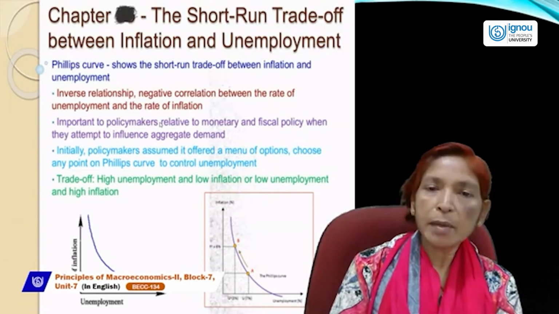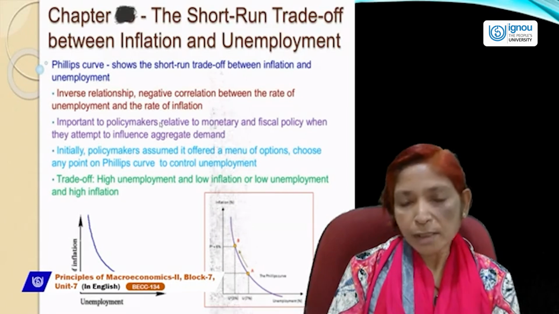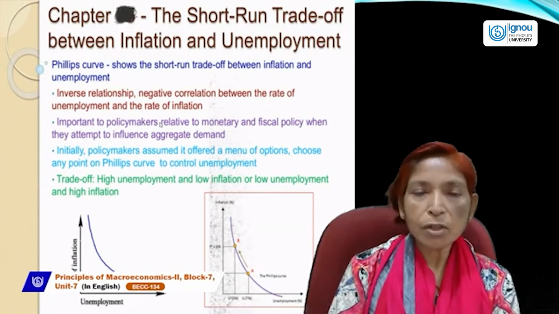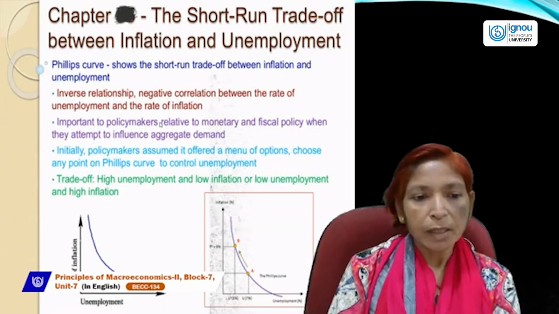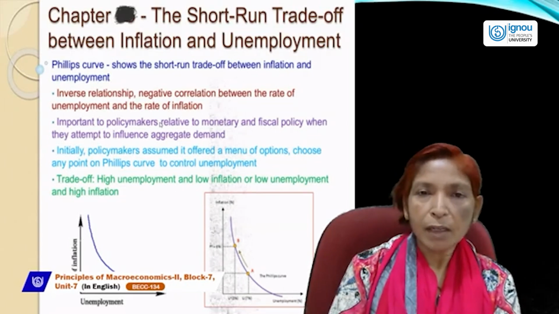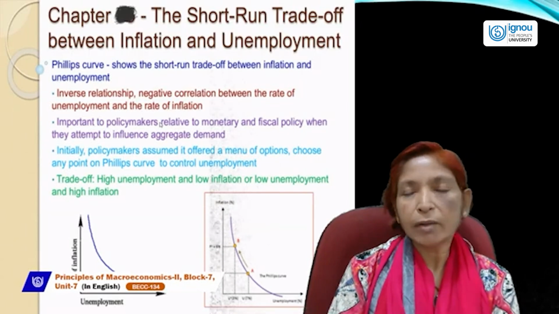Initially, policymakers assumed it offered a menu of options: choose any point on the Phillips curve to control unemployment. And what is the meaning of trade-off? Trade-off is when there is an inverse relationship between two variables.